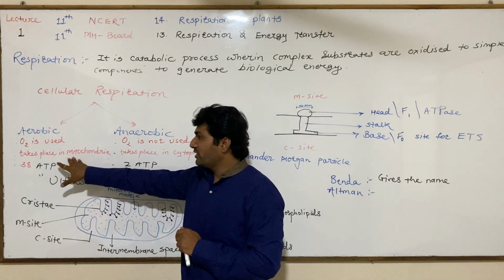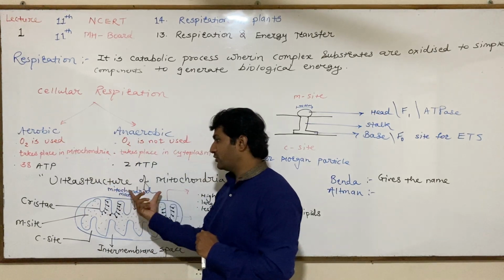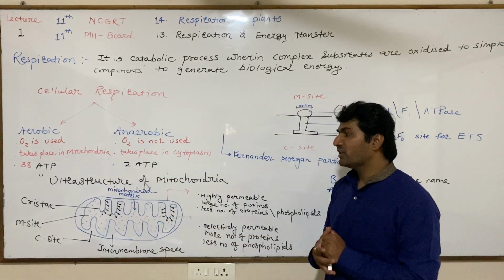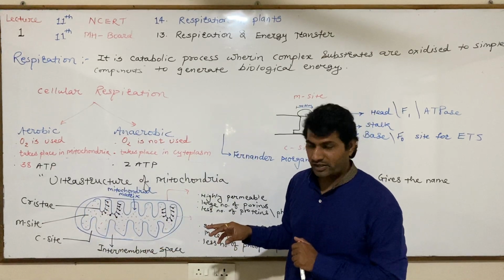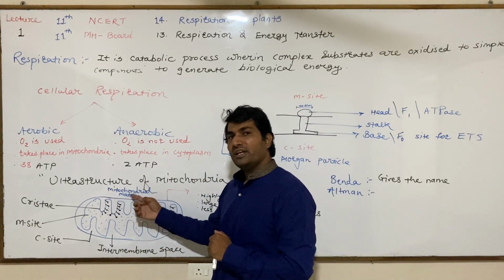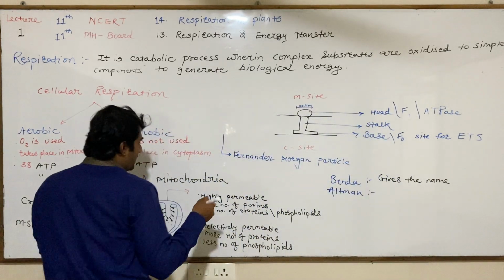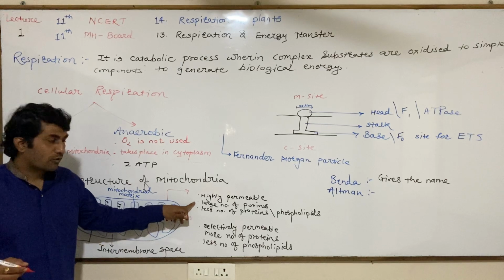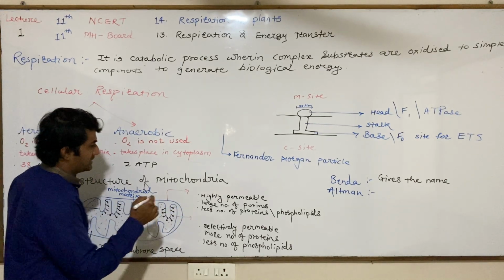So mitochondria is a very important cell organelle for aerobic respiration. We are going to discuss the ultrastructure of mitochondria. Mitochondria consists of two membranes. It is a membrane-bound cell organelle. The outer membrane is highly permeable and contains a large number of pores, having fewer proteins and phospholipids.